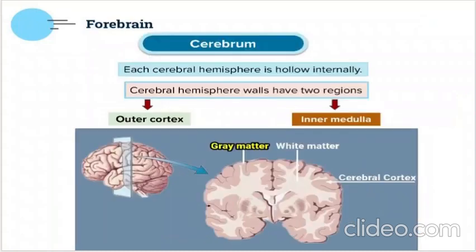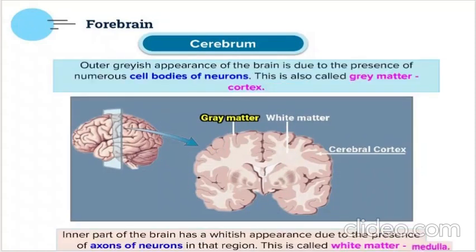Now, each cerebral hemisphere is hollow internally, and has walls with two regions: outer cortex and inner medulla. Basically, there is gray matter, then white matter, and then the cerebral cortex. Now, why is the brain mostly grayish in color?